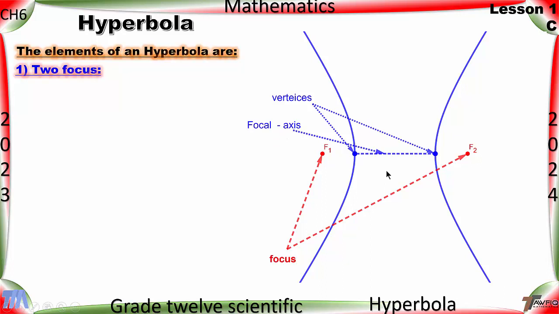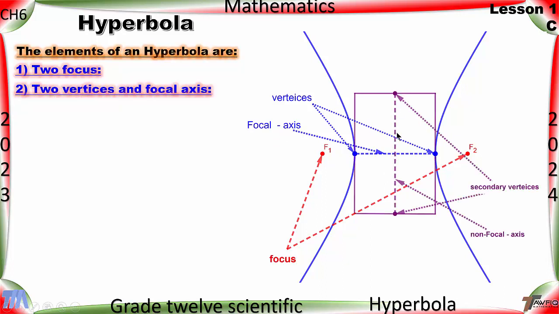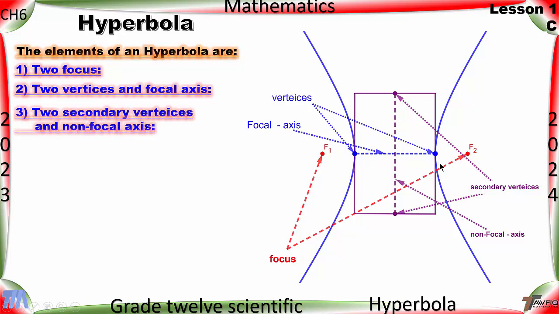And we have two secondary vertices, this one and this one, and the non-focal axis. That means we have two secondary vertices and a non-focal axis.